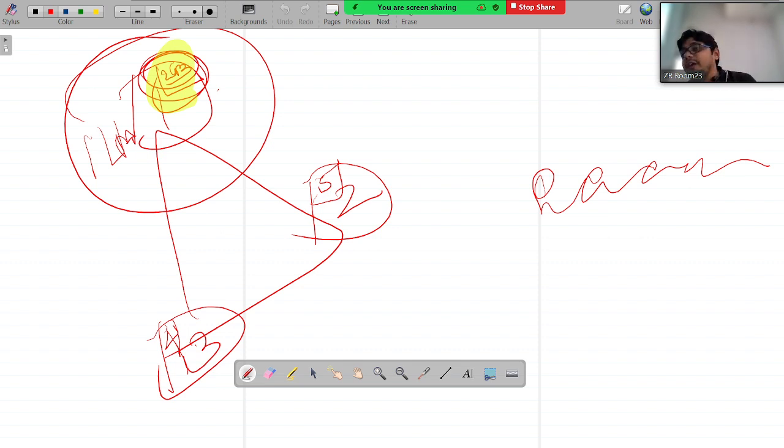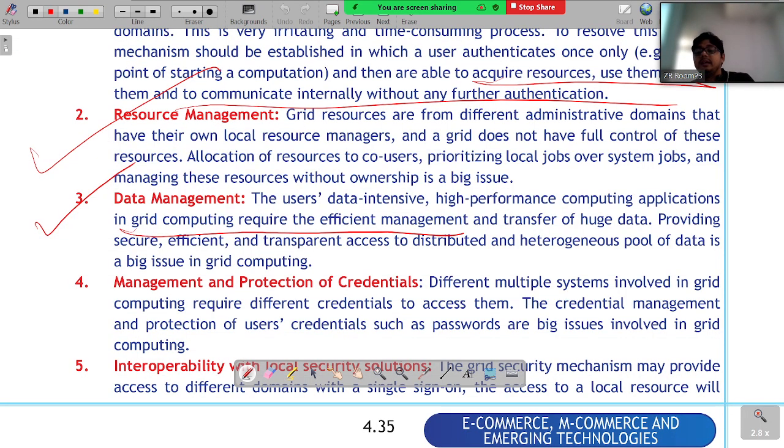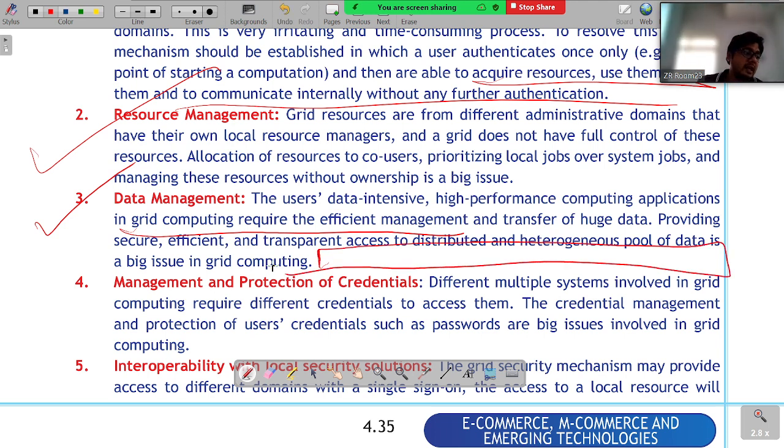So computer number 1 can access the data of computer number 2. Some data which is very important, which user 1 is not allowed to see, but user 1 is seeing it. So this is a security constraint which we need to take care of in data management: which data is allowed to the user and which data is not allowed to the user. That needs to be managed. Write it fast.